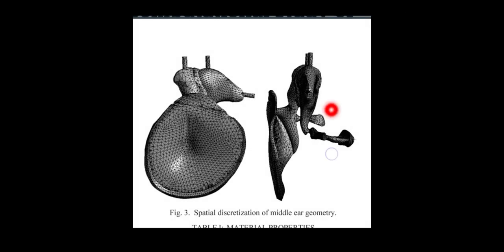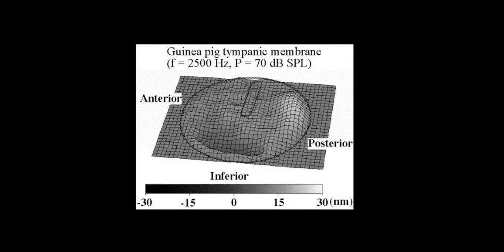This is a spatial discretization of the middle ear geometry. And now we know that the eardrum comprises several drums simultaneously vibrating for various frequencies, and that is how various frequencies are reproduced. As in this beautiful diagram, this is one component, that is the second component, that's a third component.